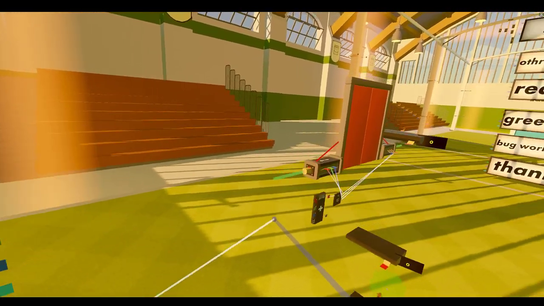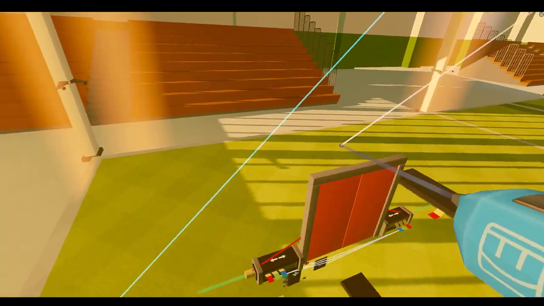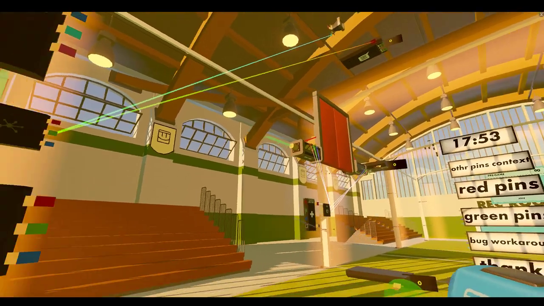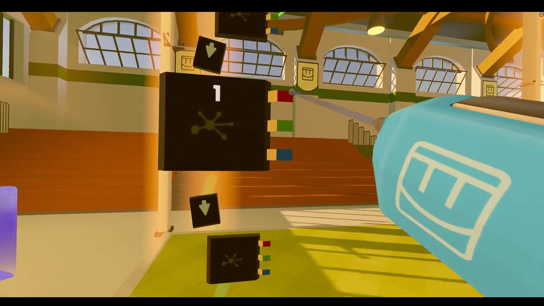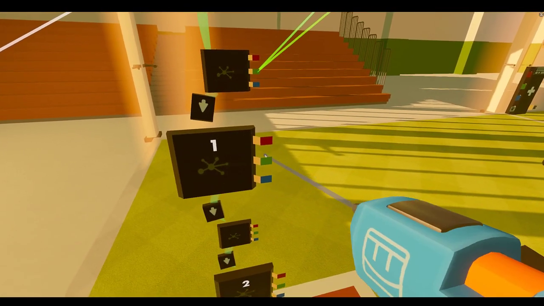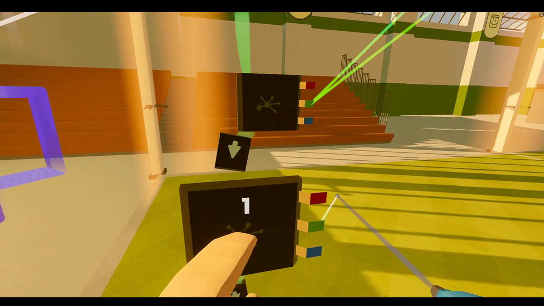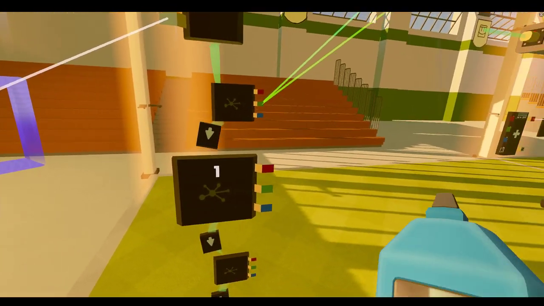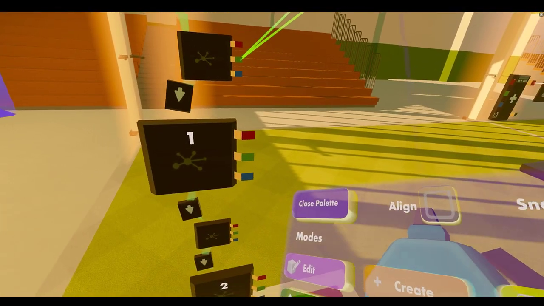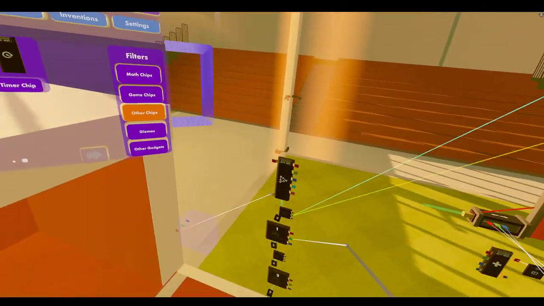So I'm just going to use this green pin up here to send the emitter signal, and to that to the output chip. And then I'm going to not use anything here, because if I use the green pin on the actual state chips that were taking up time, then what we would have is a signal being sent for 1.2 seconds, which for an emitter might not be what you want.